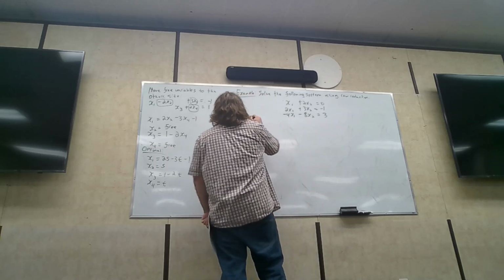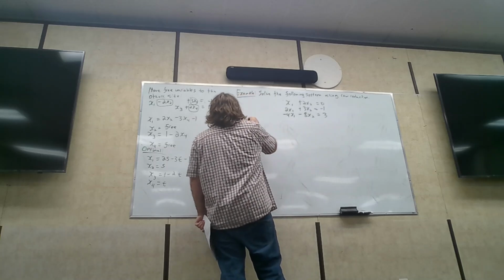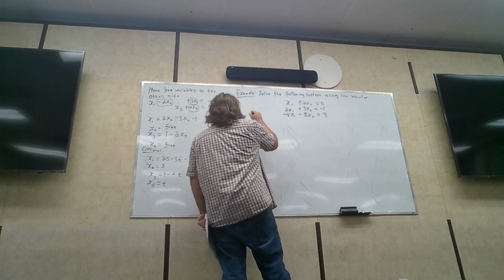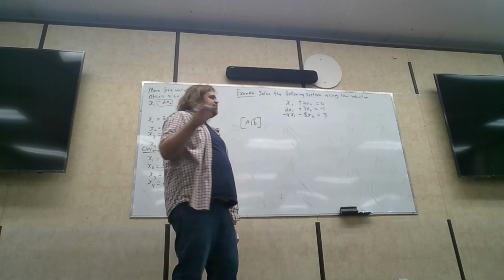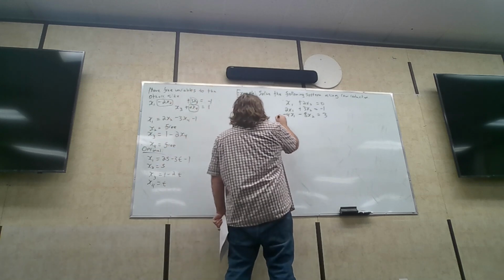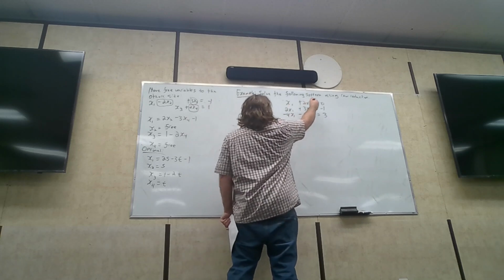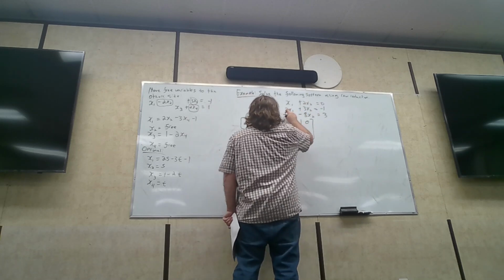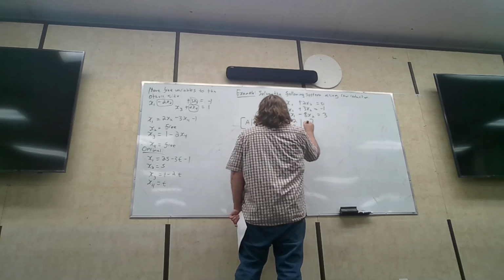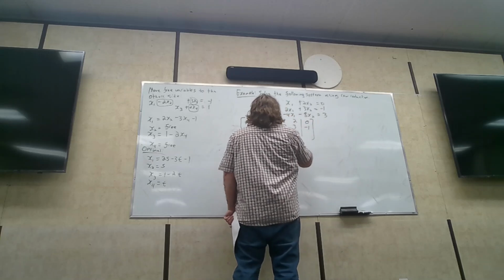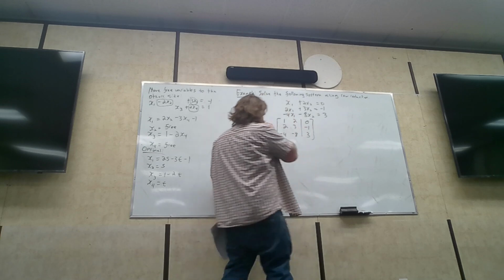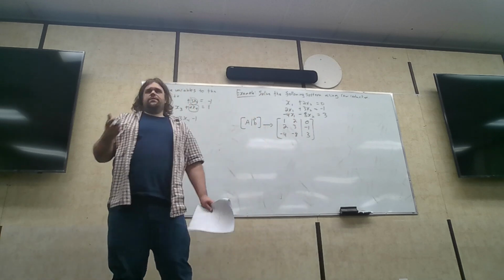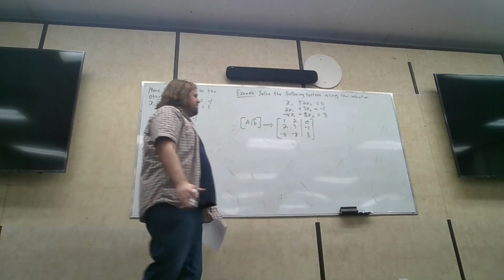We say, all right, write down the matrix. That's always going to be the first step. So we read this off: 1, 2, 0. 2, 3, minus 1. Minus 4, minus 8, 3. And now we just do our thing.